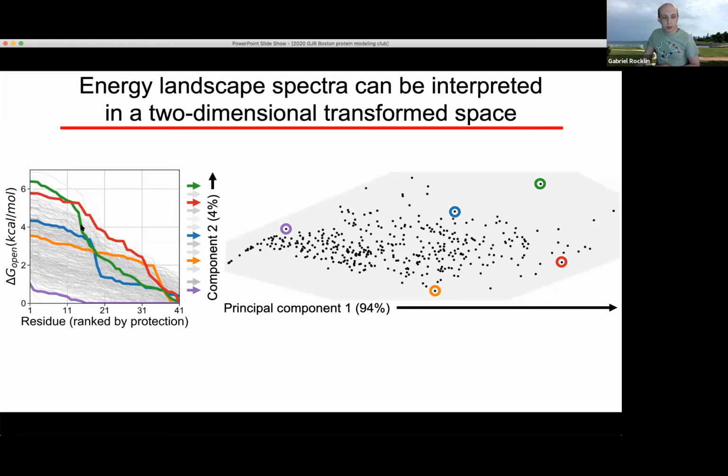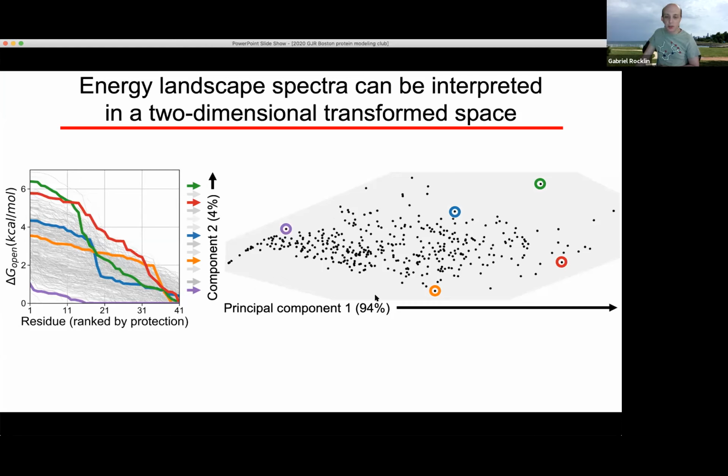The blue protein that has this big difference between the most stable part and the less stable part is all the way at the top on principal component 2. And the orange protein that's very cooperative and has very similar opening energies across the whole thing is all the way at the bottom. So I think of principal component 1 as kind of like an average stability, and principal component 2 as kind of like a cooperativity measure.